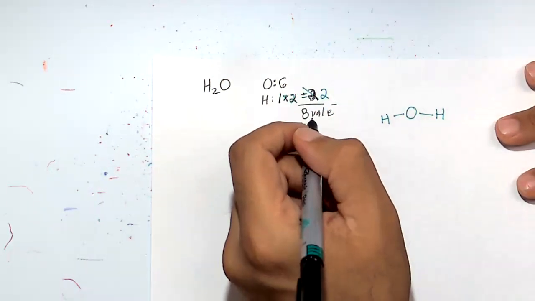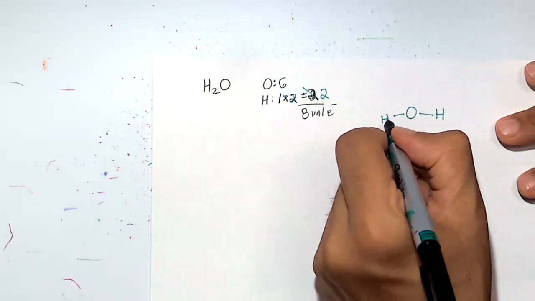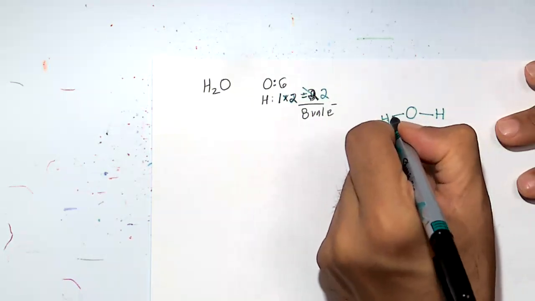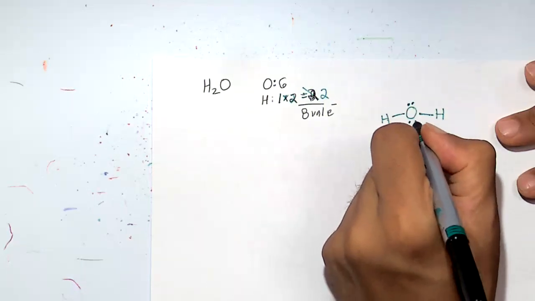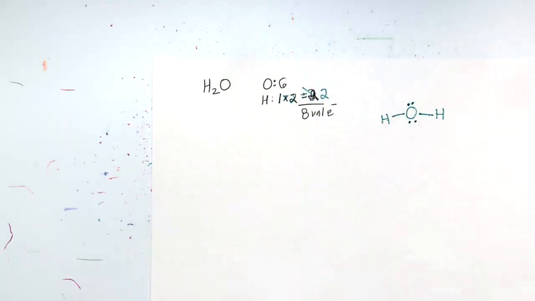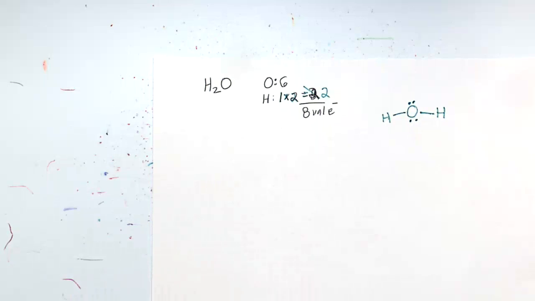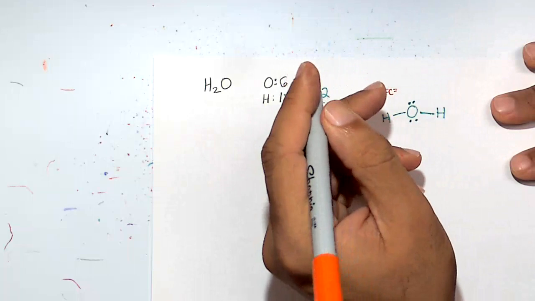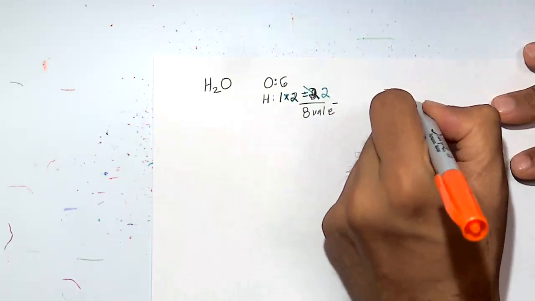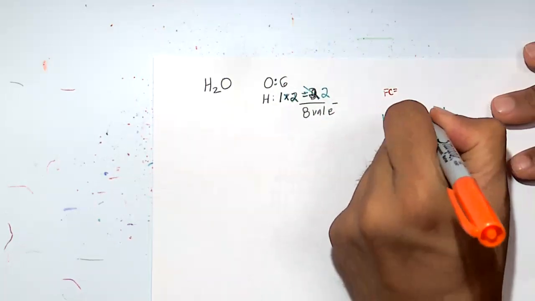So we got to get 8 valence electrons. So oxygen with a hydrogen and a hydrogen: 1, 2, 3, 4, 5, 6, 7, 8. All right, again, I will be beating a dead horse. 1, 2, 3, 4, 5, 6.